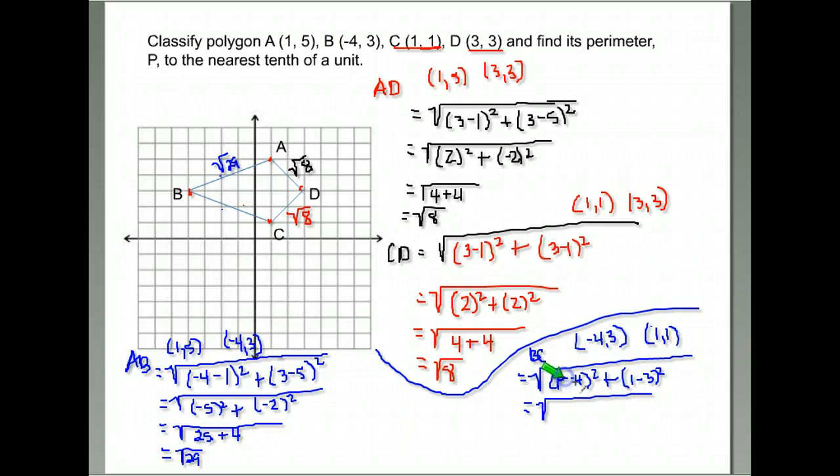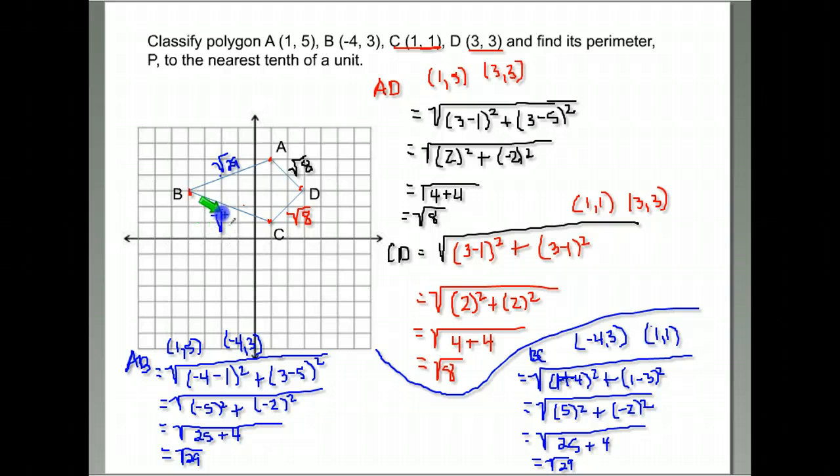Here we have minus a negative, which remember always becomes a plus. 1 plus 4 is 5. And here 1 minus 3 is negative 2. Square each of those. 5 squared, 5 times 5 is 25. Negative 2 squared, negative 2 times negative 2 is 4. We add them together and we do get the square root of 29.